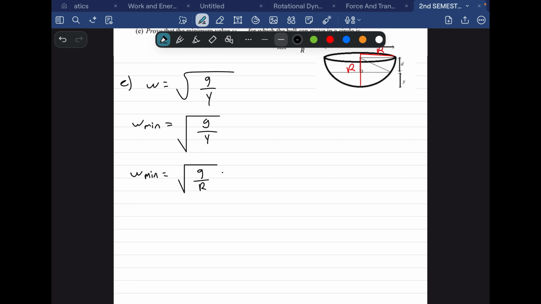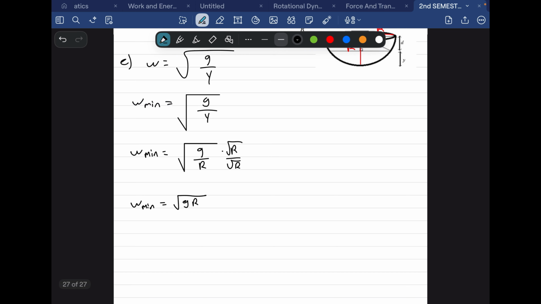So we'll multiply top and bottom by radical R, which leaves us with this equation. So radical G times radical R is radical GR. And then on the bottom we have radical R times radical R, which is just equal to R. And it should match what is given.